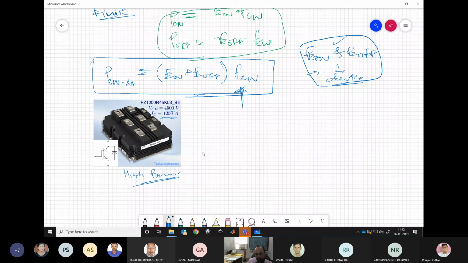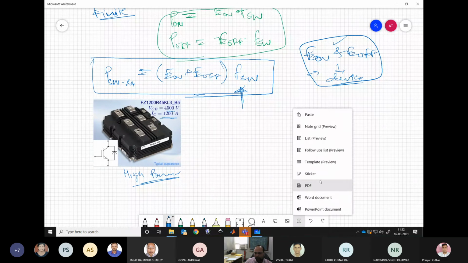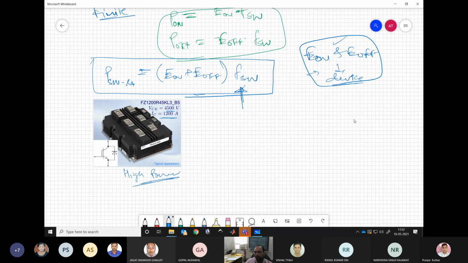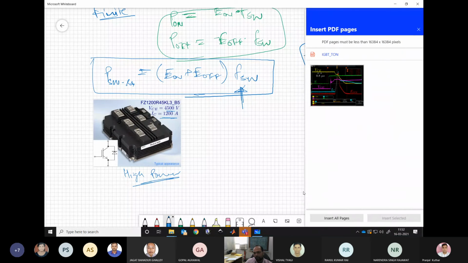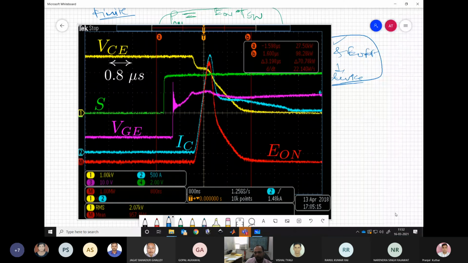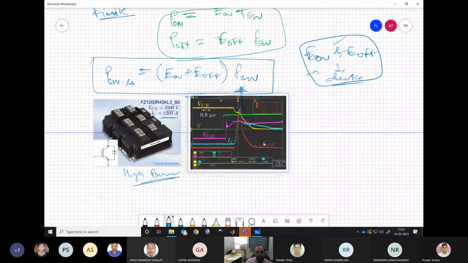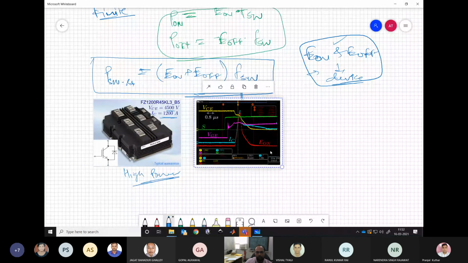Now for such a device, if we try to see what is happening during the on and off switching transitions, this is the on transition. These are all captured in lab, these are practical waveforms.